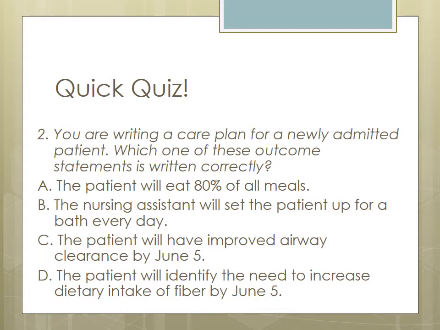That one's not good, because you're putting the nursing assistant there. Number D is still a better choice, and the patient will have improved airway clearance, but how are you going to measure that? And then B, same thing, how is that going to be measured? And D would be better too if we would identify maybe 1 to 2. We could make it even more specific.